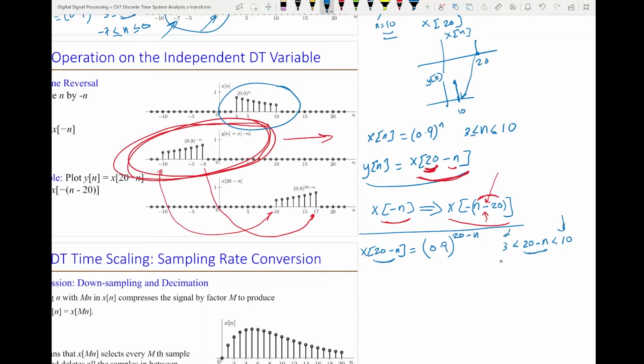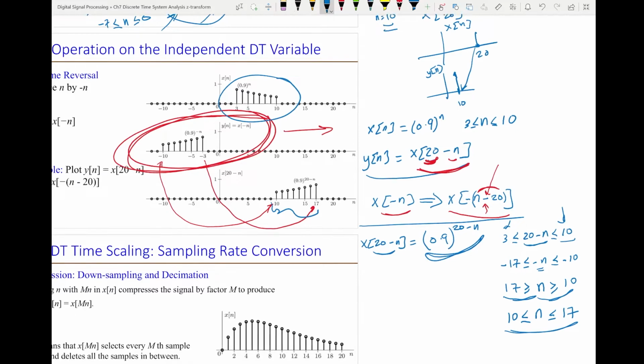So this will be 3 minus 20, minus 17, minus n, 10 minus 20, that's minus 10. And I need this to be n, so I'm going to multiply each side by minus 1, so that will be n, and the sign will change, and this will be 17, and this will be 10. And this basically, n is larger than 10, so I can write it this way. And this basically, n is less than 17, so that's this way. So I plot this signal in this range from 10 to 17, which is this.